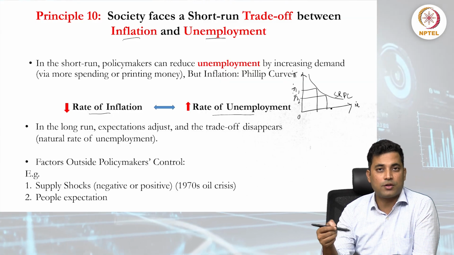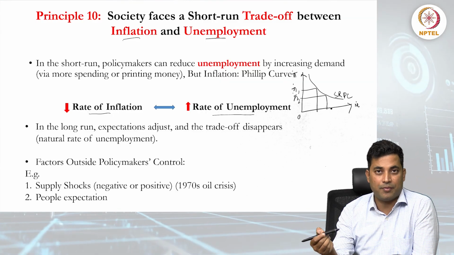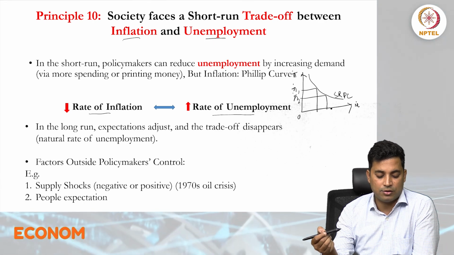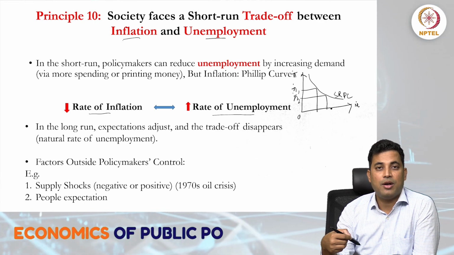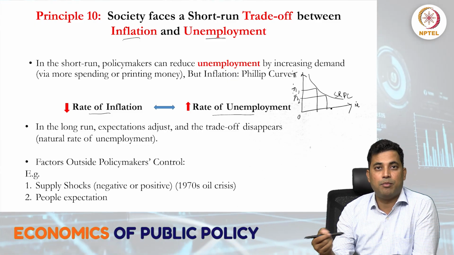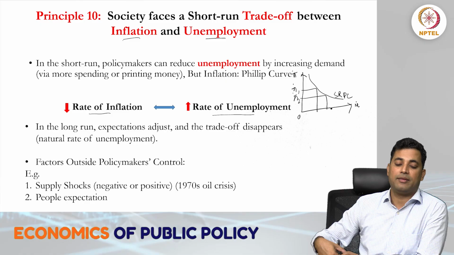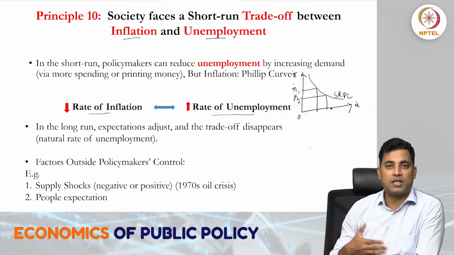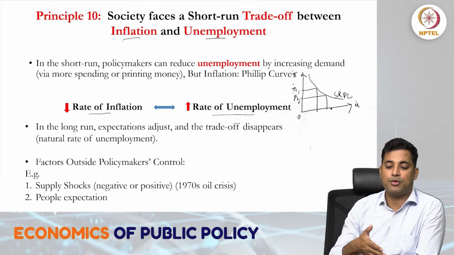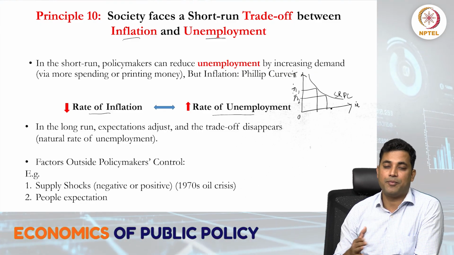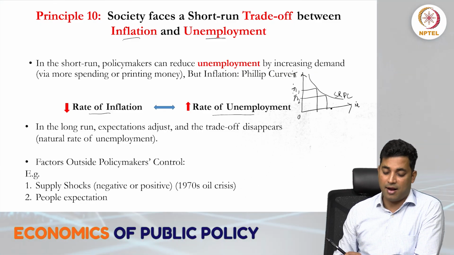Supply shocks can be taken as an example, like the oil crisis from the 1970s, and also people's expectations, like expecting to save more for the future for a higher return, but it may not work that way. So these expectations also play an important role in the short-run and long-run trade-off between inflation and unemployment.